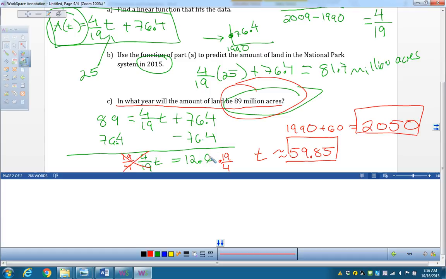But maybe not, because maybe we're going to get some president who's going to take away all our national parks and turn them into shopping malls. We can only hope for the best. Donald Trump would do that for us, so we'd be in good shape. He just built a big building with his name on it. Anyone ever been to Chicago? You see the big building, the Trump building? It's actually not that great.